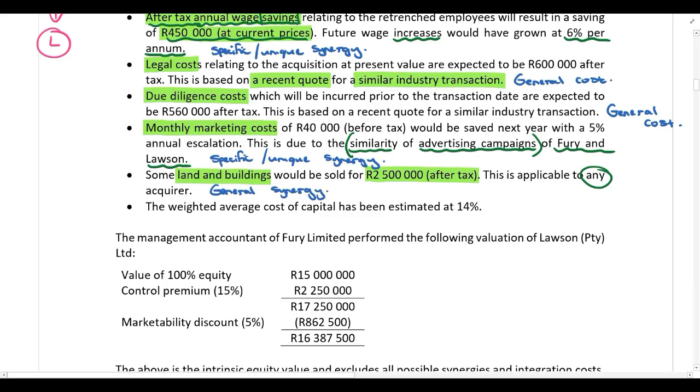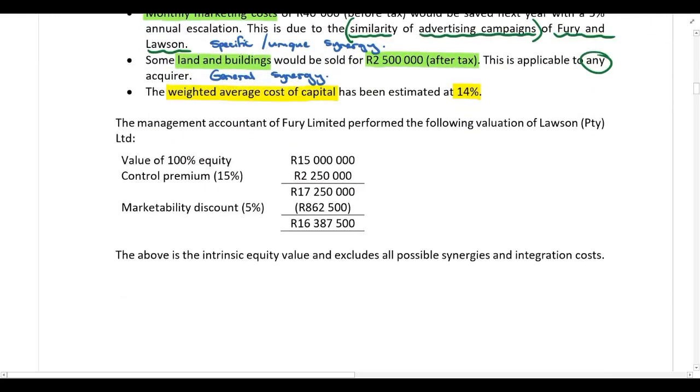You've then been told that the weighted average cost of capital has been estimated at 14%. The management accountant of Fury Limited performed the following valuation of Lawson Pty Limited. So the valuation has already been performed.